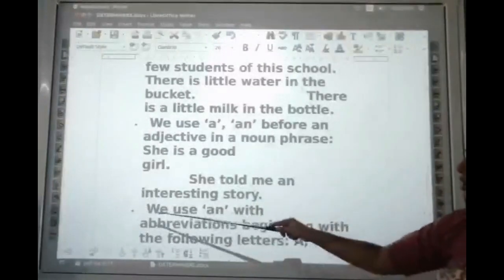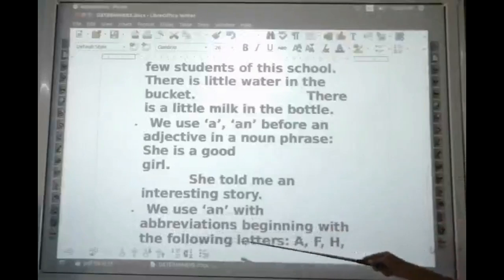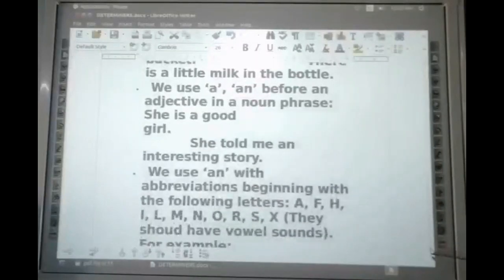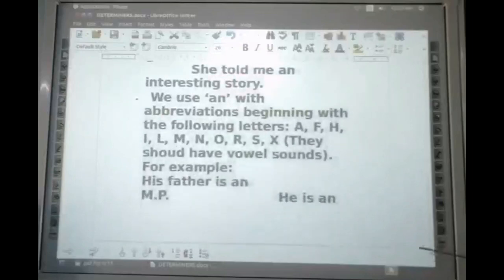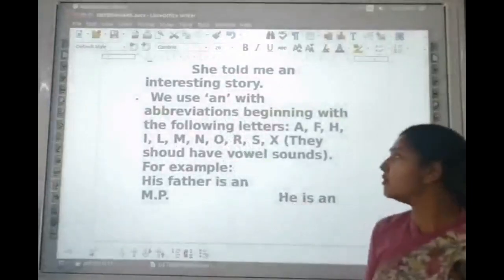See the next, we use AN with abbreviations that begin with the following letters. Just keep in your mind, abbreviations mean short forms.